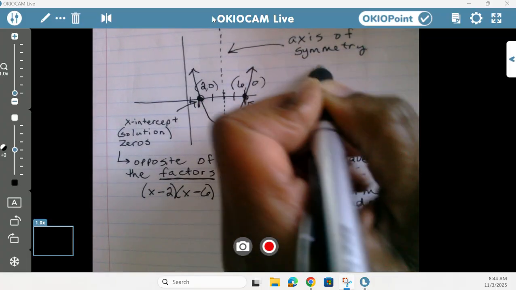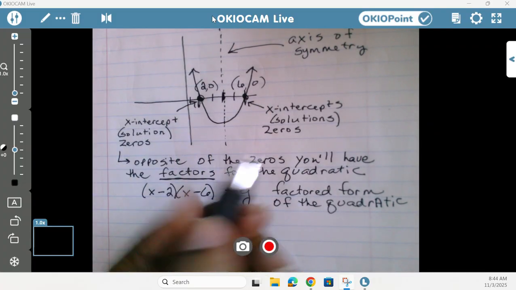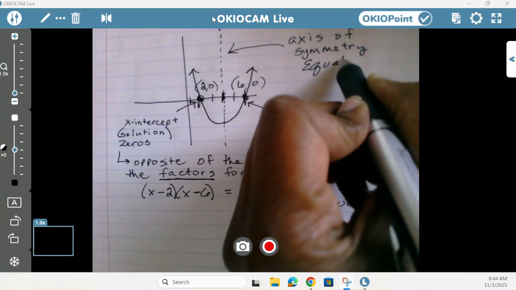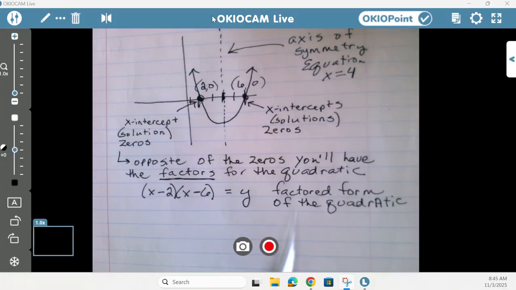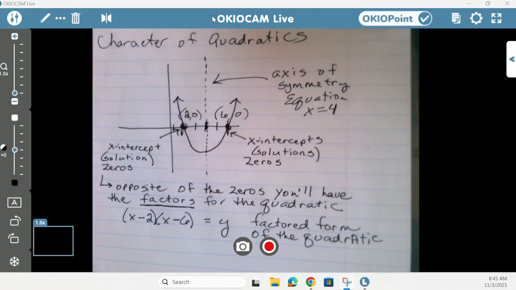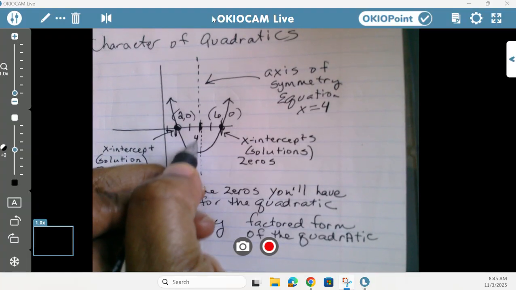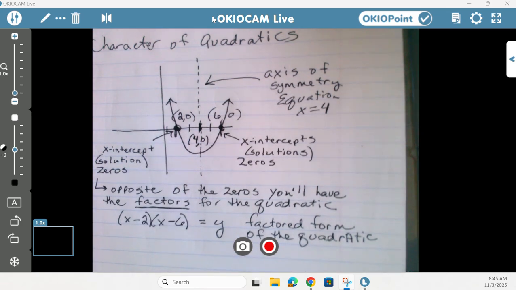It is written this way because it's crossing the x-axis at 4. The equation for that axis of symmetry is x = 4, because it's crossing the x-axis at (4, 0). So that's the axis of symmetry.